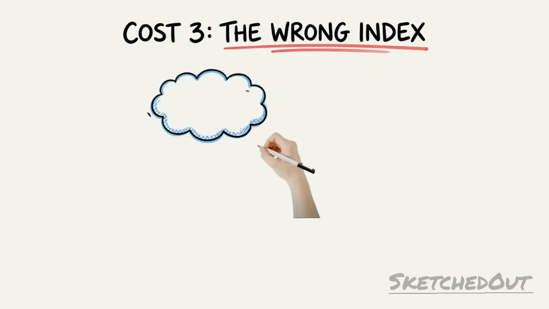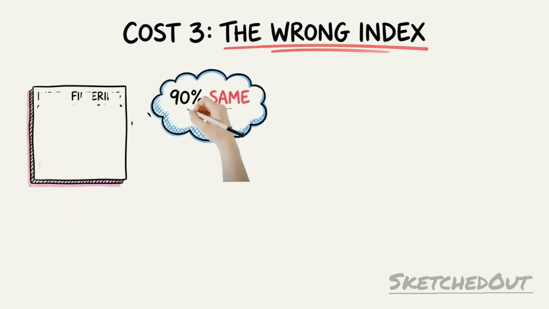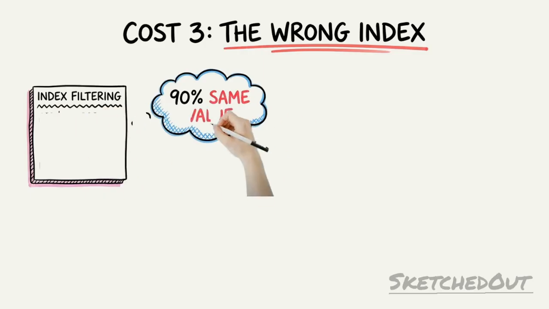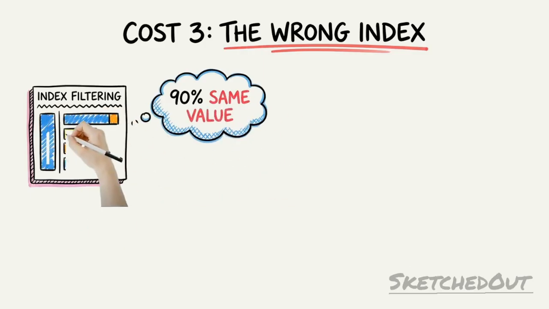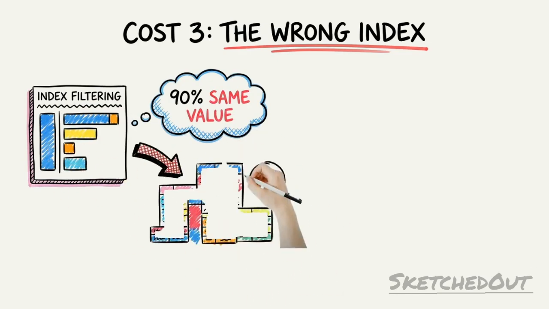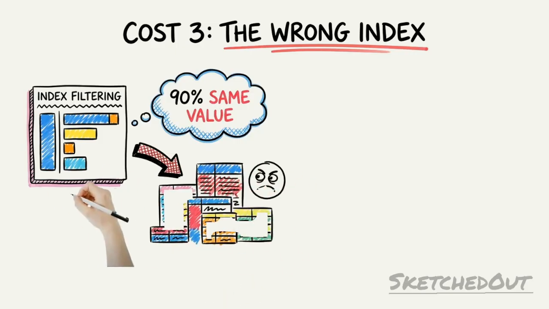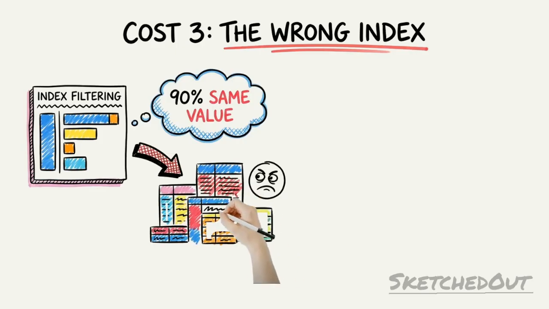If you have an index on a column where 90% of rows have the same value and you query for that value, the optimization is to use the index to find 90% of the table, then go back to the actual table to read every one of those. That's slower than just scanning the whole table in one pass, and a good planner will correctly skip the index.